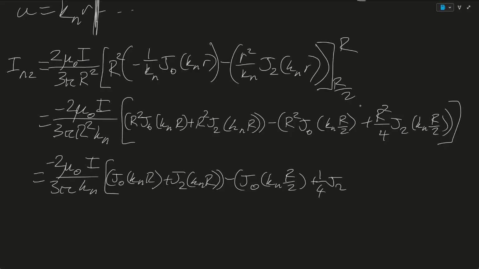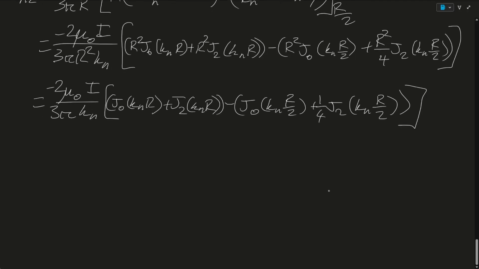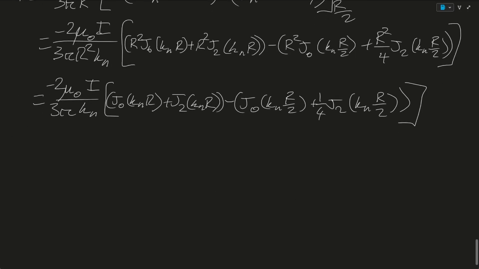Did I pull out? Yeah, I did pull out the r squared. Good. Beautiful. Need to stop saying that all the time. Oh, I think I'm a bit loud. That's alright, I'll adjust that in post, as they say.